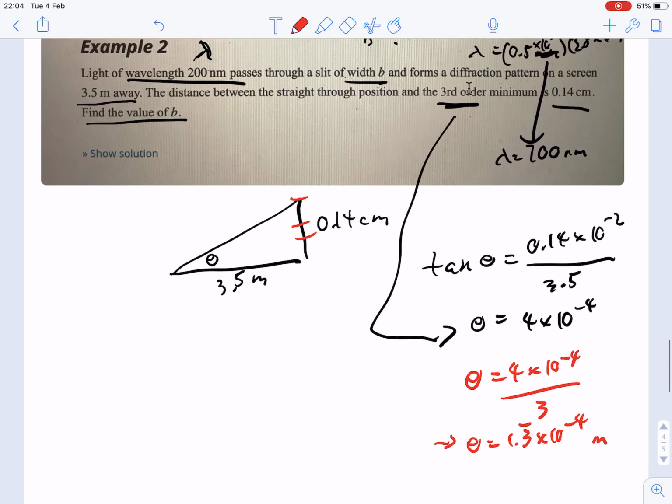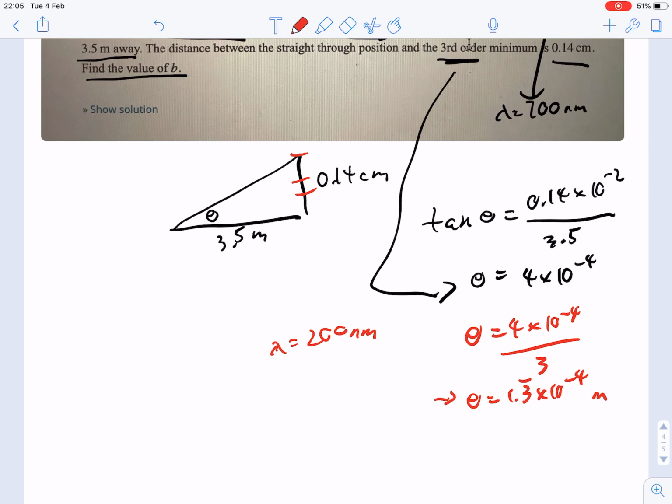And we have our wavelength, which is 200 nanometers. Now we do one last substitution. b is lambda over theta, with wavelength 200 nanometers, or 10 to the power of negative 9, so convert everything to meters first, over 1.3 times 10 to the power of negative 4, and you'll get about 1.5 times 10 to the power of negative 3.